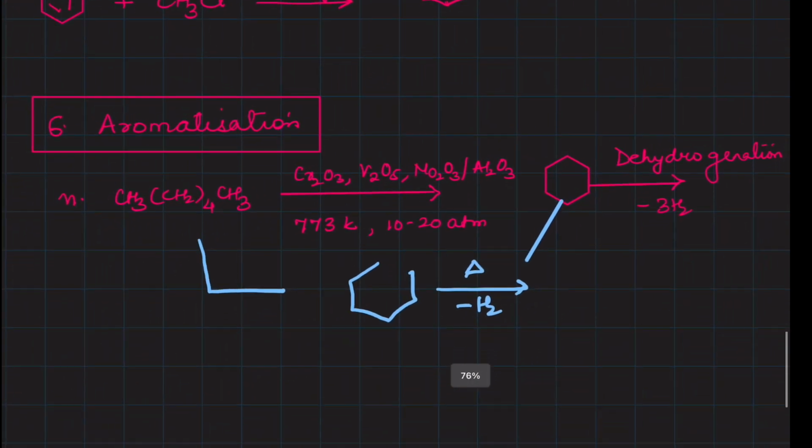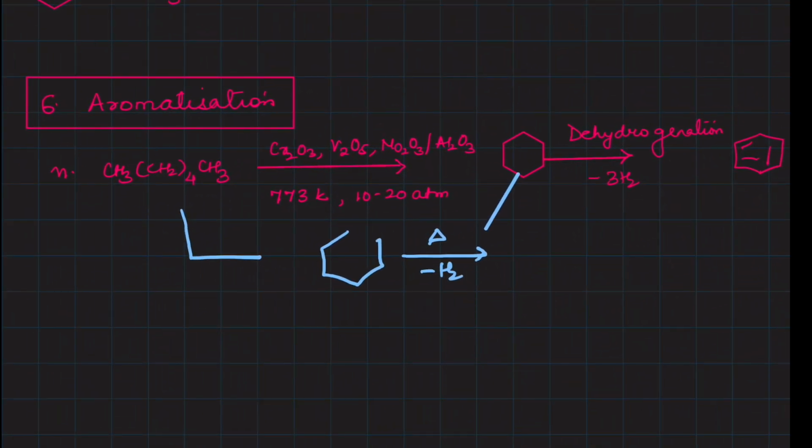So this is known as aromatization, where we get benzene from n-hexane. If we take n-heptane, can you make out what we will get? We will get toluene under similar conditions.